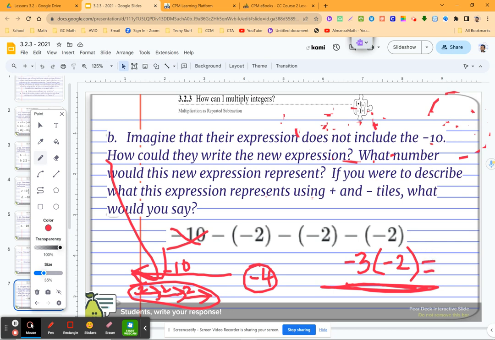So we are adding 6 to that negative 10. And this is how we would get that diagram to show how a negative times a negative is a positive. So this is what it would express.